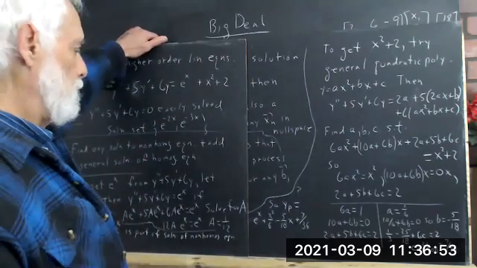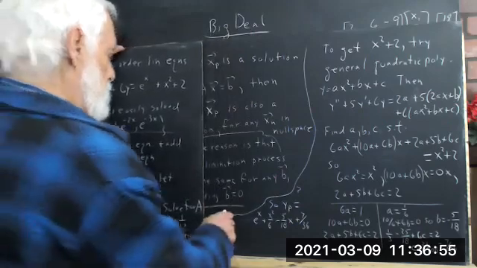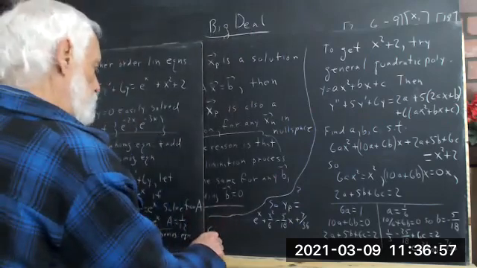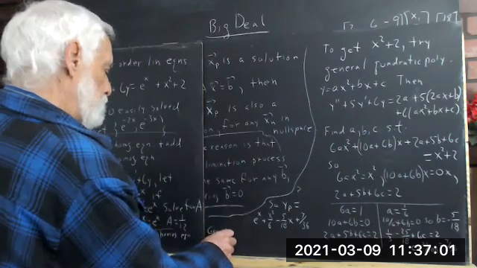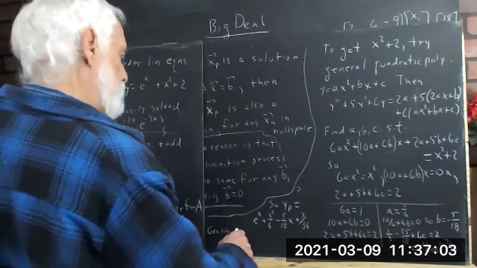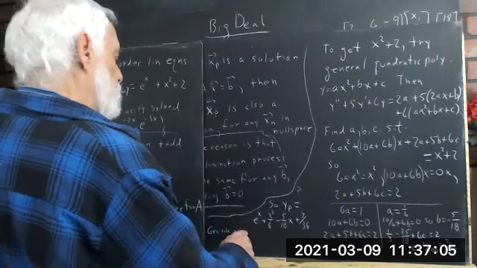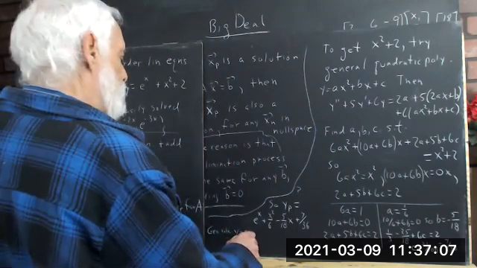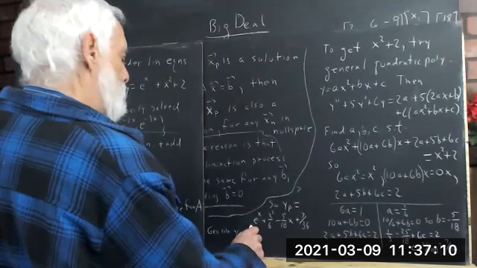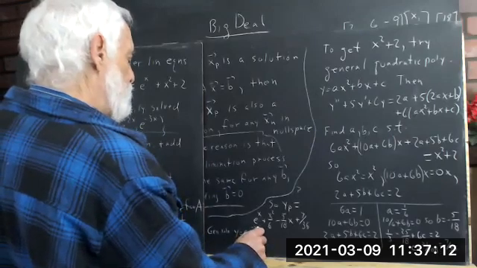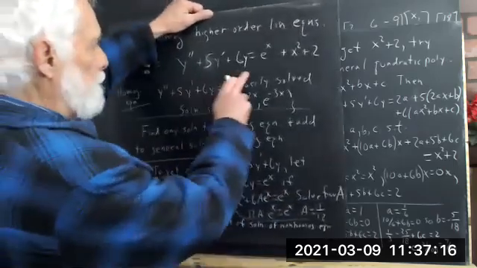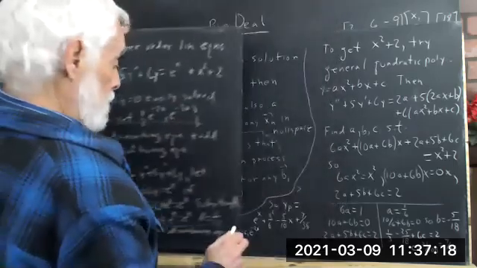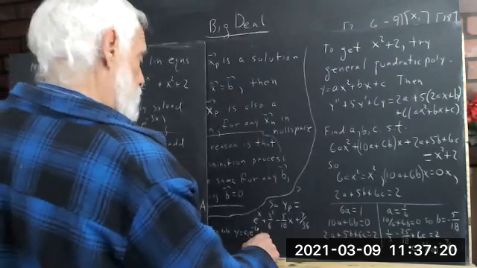And our general solution is going to be y equals C1 e to the -2x, which we get by just solving the homogeneous equation. Very straightforward.